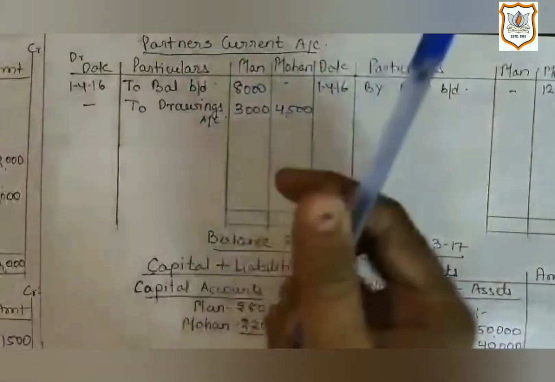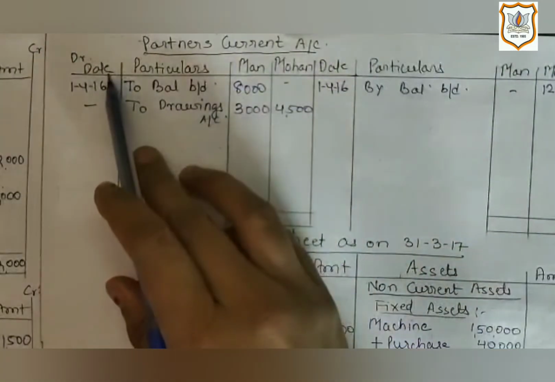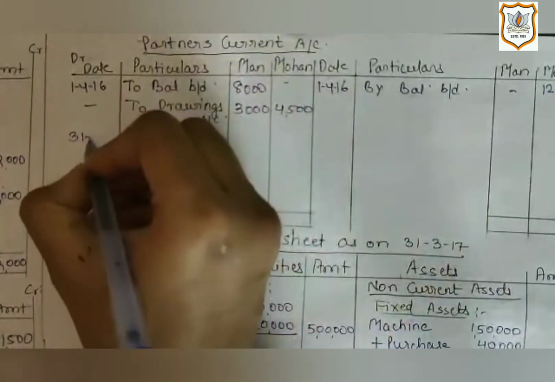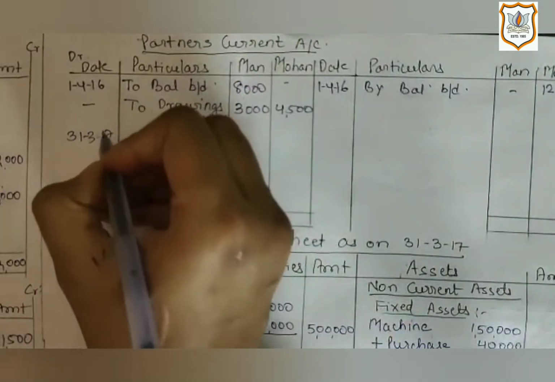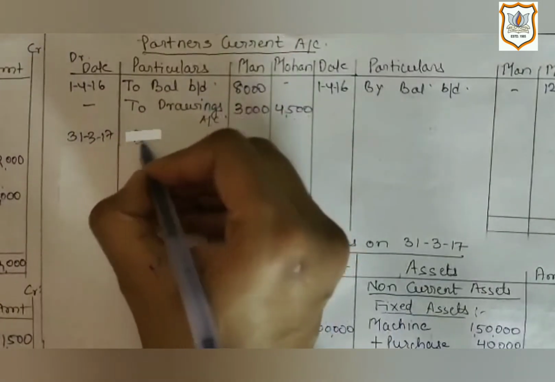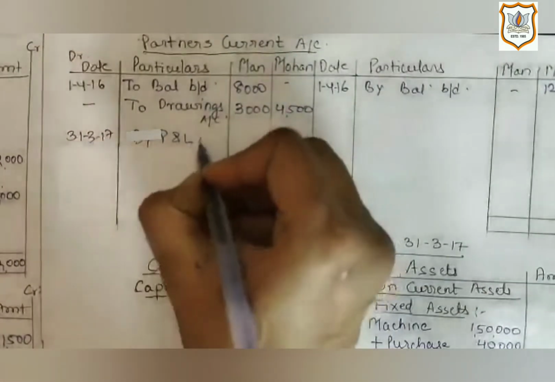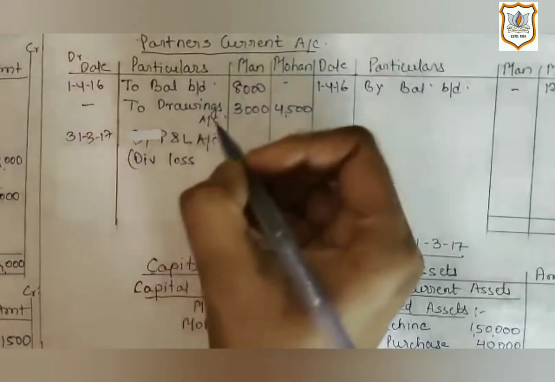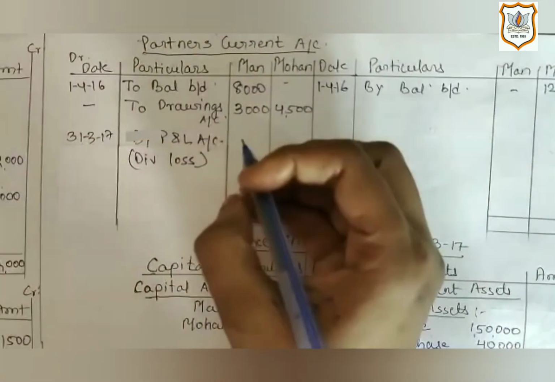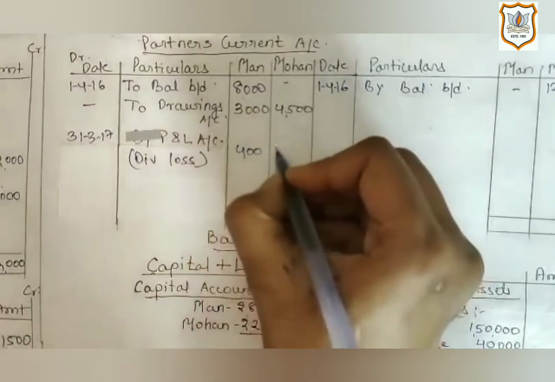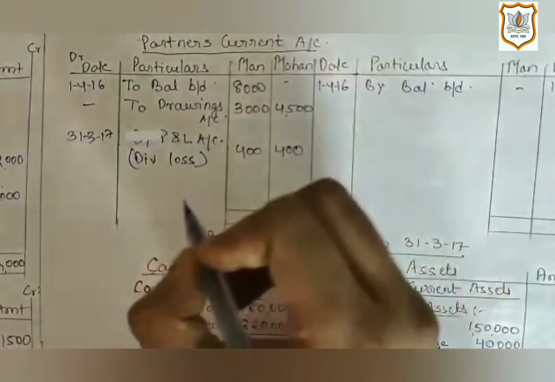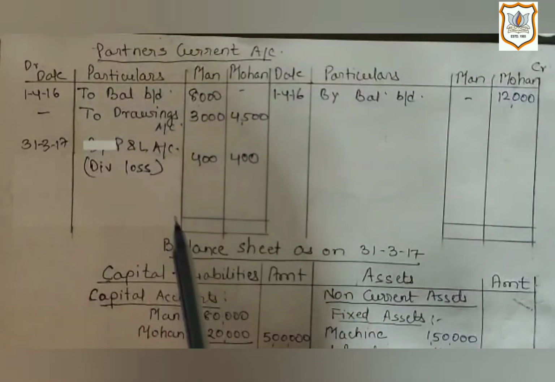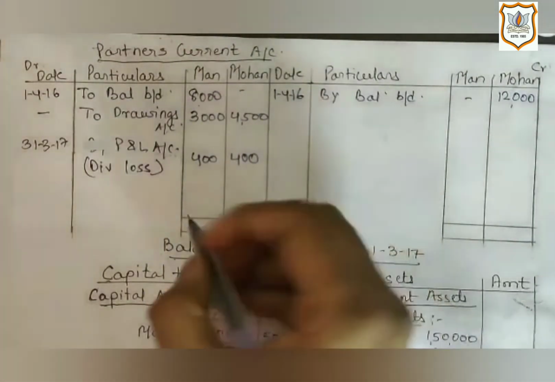Now as it is a loss, it will be recorded on the debit side of the partners' current accounts. 31st March 2017, by P&L account, divisible loss 400 and 400. Now let's close the partners' current accounts. First we will close Man's current account.